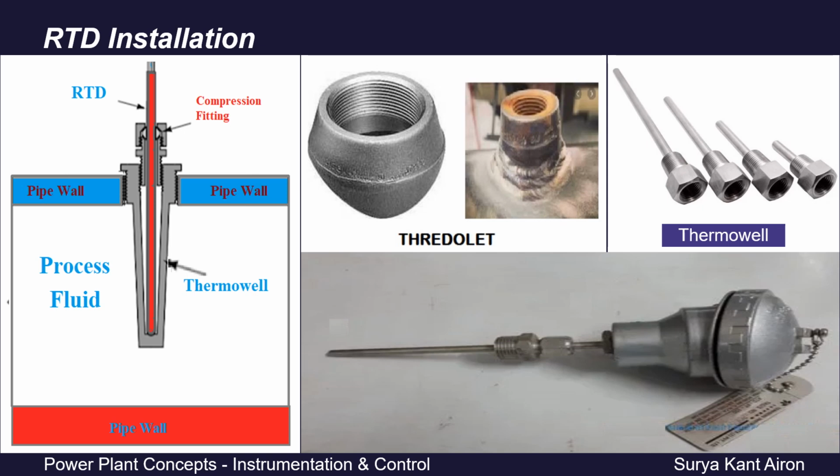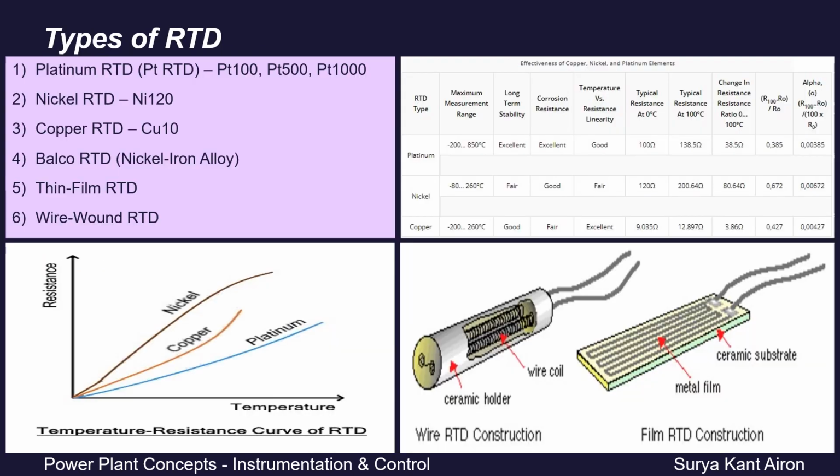On top of this RTD we have this connection termination head, or maybe in more advanced plants we use head mounted temperature transmitters, and from there we have final connections to our DCS system, the control system. Clear?